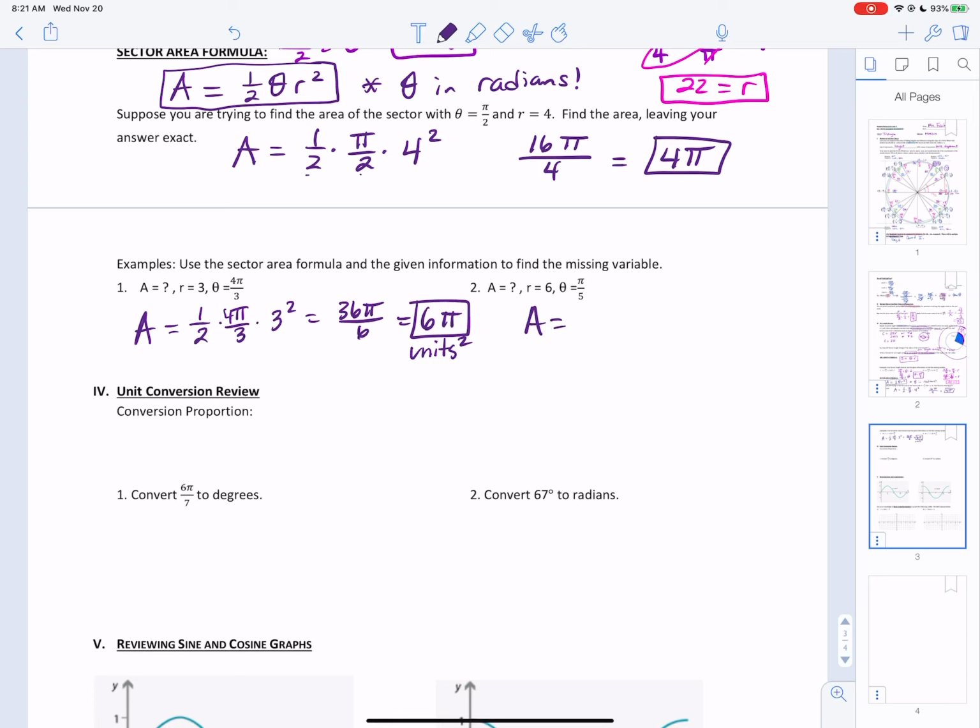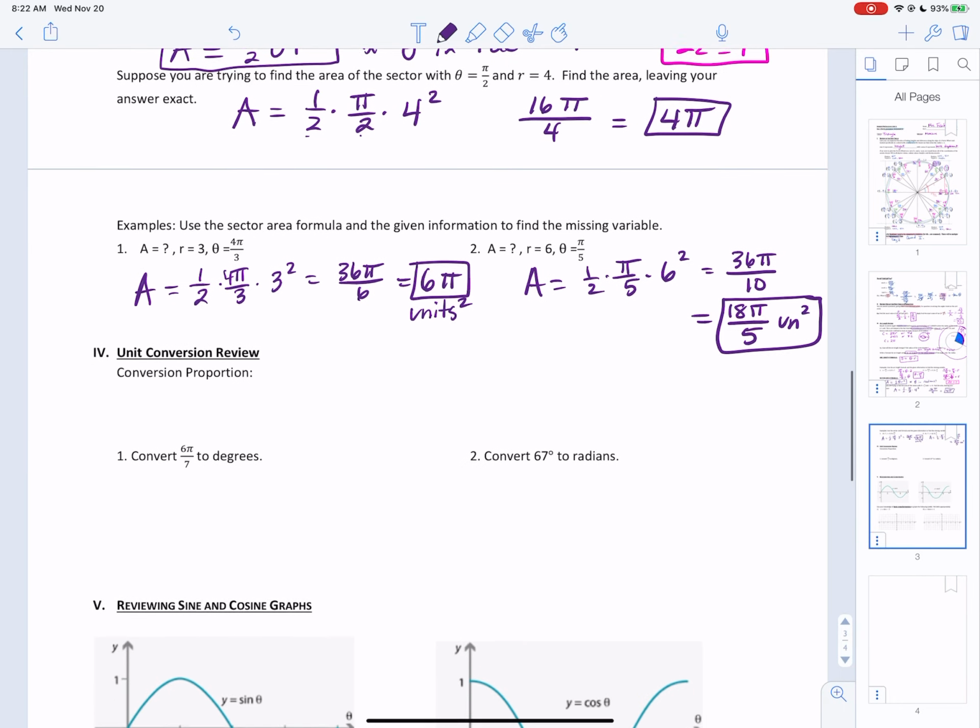The second one, area equals 1/2 theta times radius squared. So that's 36 pi over 10, which reduces to 18 pi over 5 units squared.